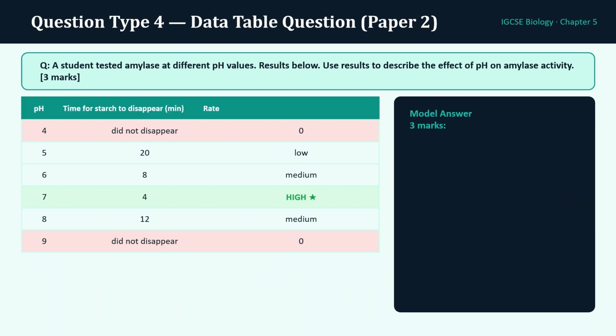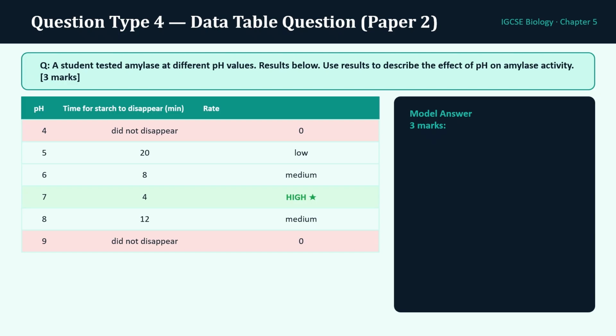Now question type 4. Data table question. A student tested amylase at different pH values. Use the results to describe the effect of pH on amylase activity. It contains 3 marks. Look at the table carefully before you answer. Find the pattern. At pH 4 and pH 9, starch did not disappear at all.